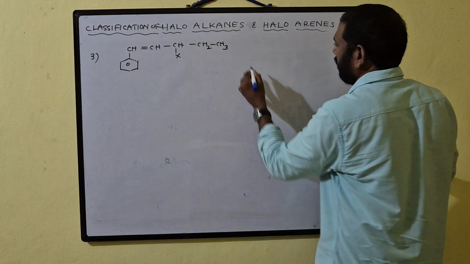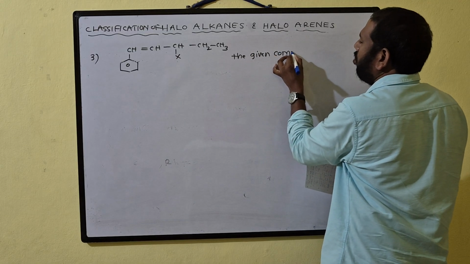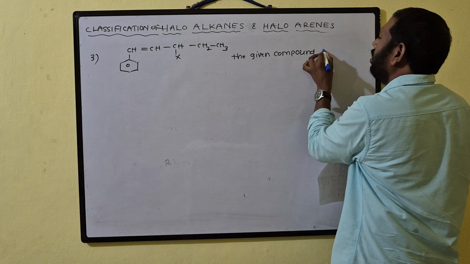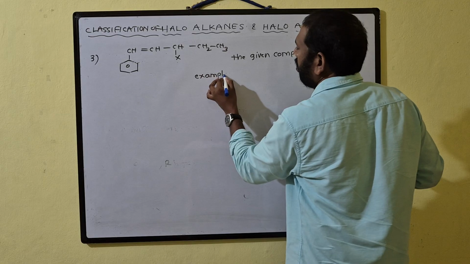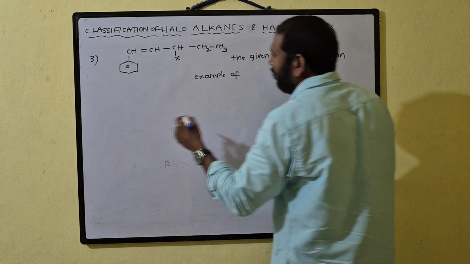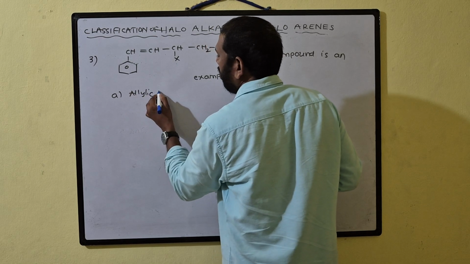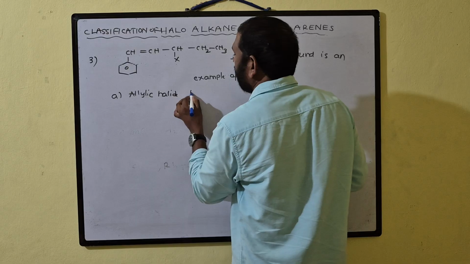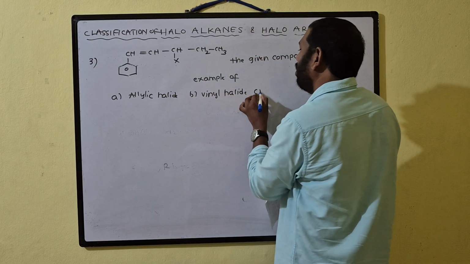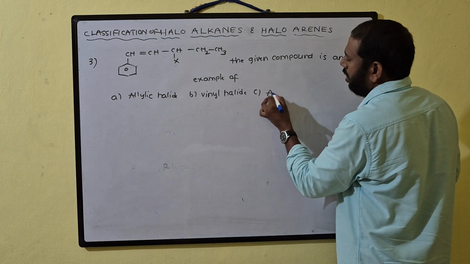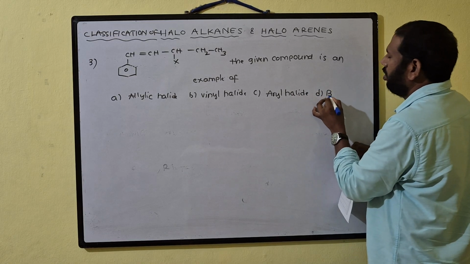The given compound is an example of: option A, allylic halide; option B, vinyl halide; option C, aryl halide; option D, benzylic halide.